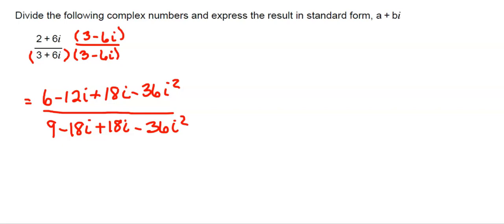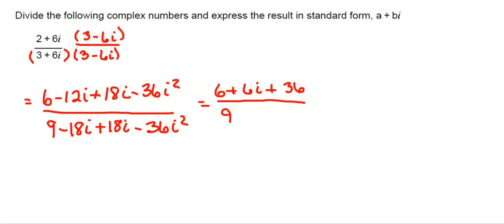Now we'll look for some like terms to combine. In the numerator, we've got a 6. Negative 12i plus 18i is 6i. And then i squared is negative 1, so negative 36 times negative 1 is positive 36. In the denominator, we have a 9.